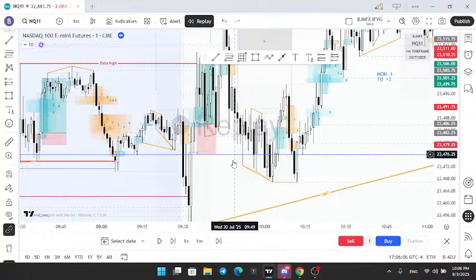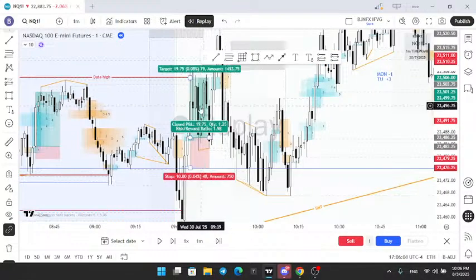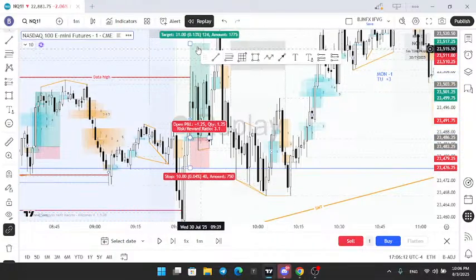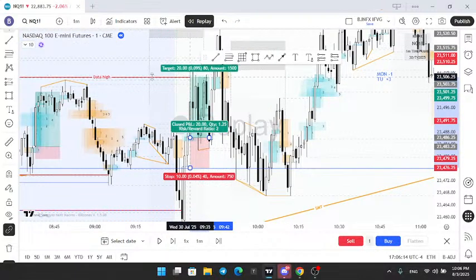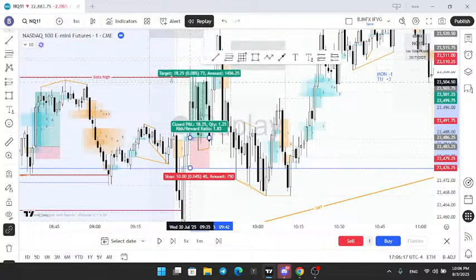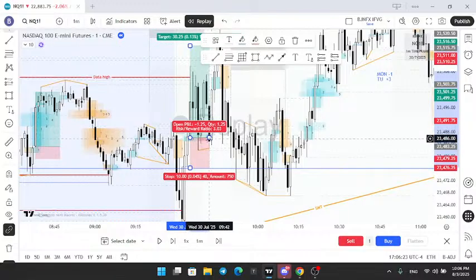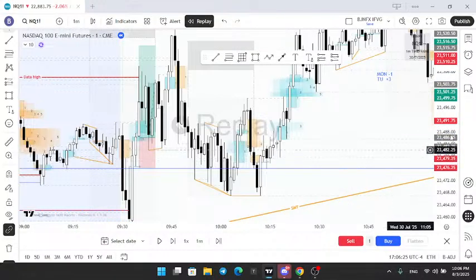We had this setup here. It was a break-even trade. If we only targeted the data highs, we would win 2R, but I don't take trades less than 3R, so it was break-even.